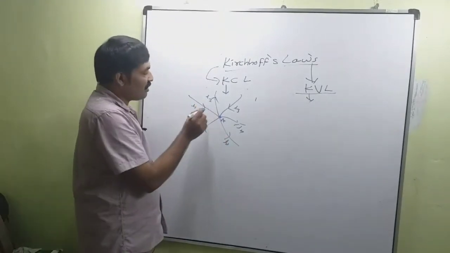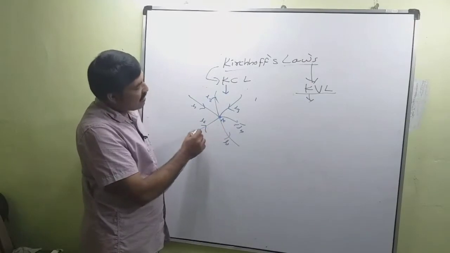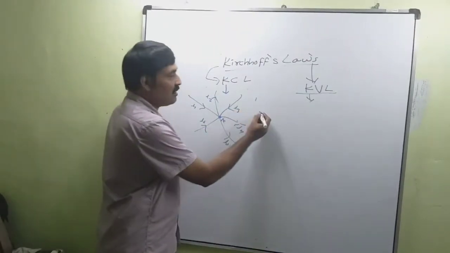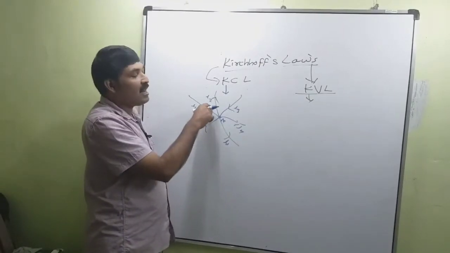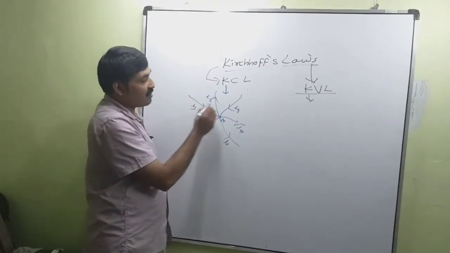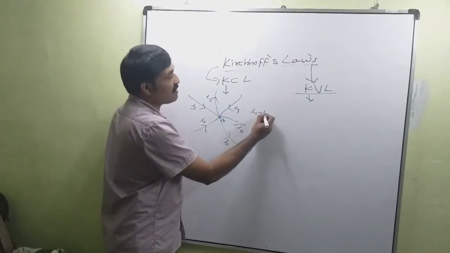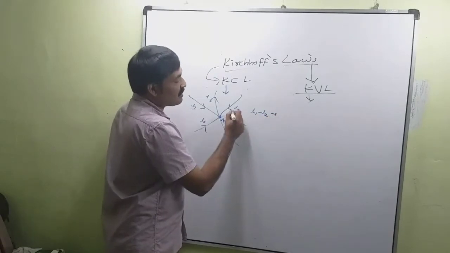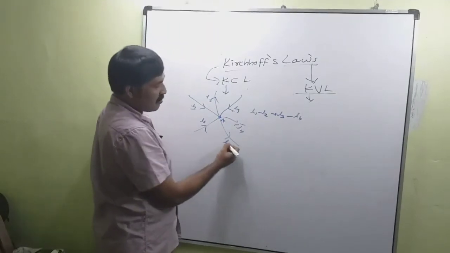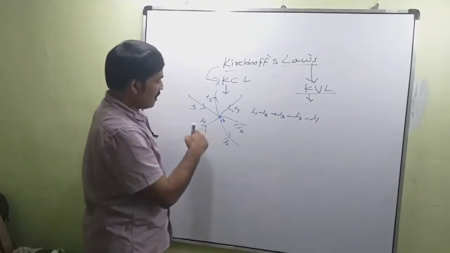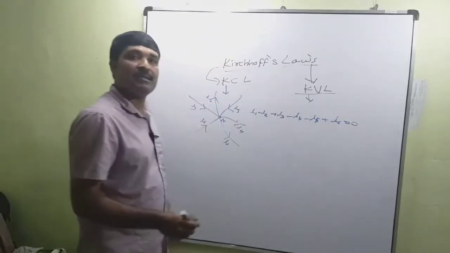So here I1, I3 and I6 are incoming currents. We are assuming the current entering is positive and leaving is negative. So starting from here, I1 is incoming, minus I2 is outgoing, plus I3 is incoming, minus I4, minus I5, plus I6 is equal to 0.